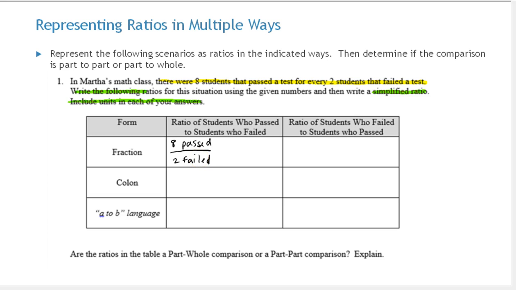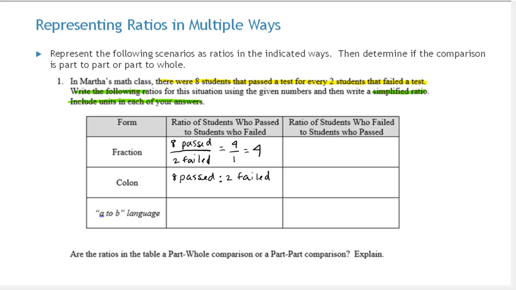Okay. So now we can simplify this. 8 over 2 is equivalent to 4 over 1, or just 4. Okay. Now let's use the colon notation. So we would write 8 passed, colon, 2 failed.